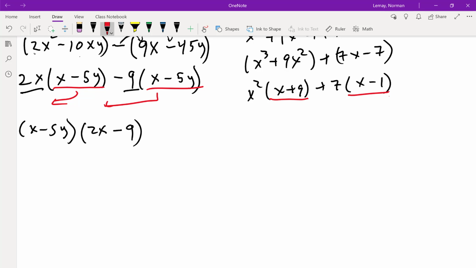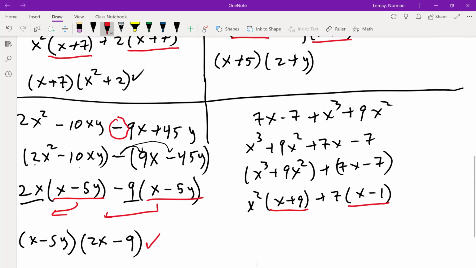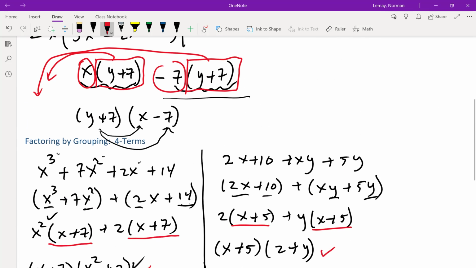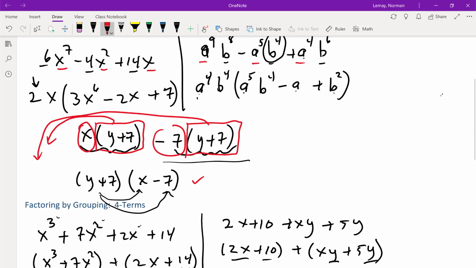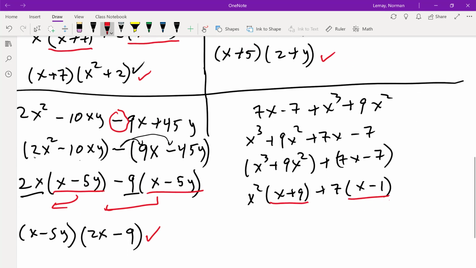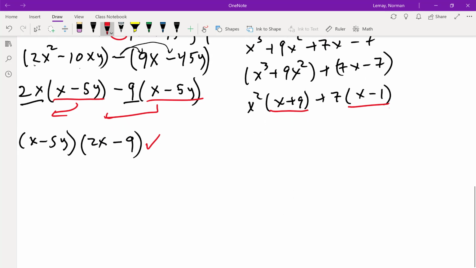That's what this is, a product of factors. In fact, if I go all the way up, product, product, product. To be completely factored, we need this product of factors.